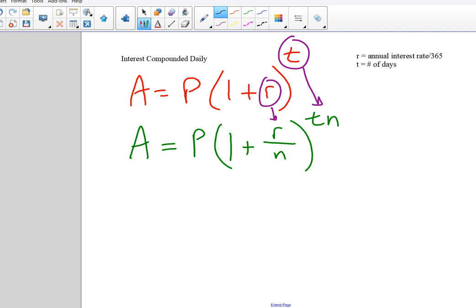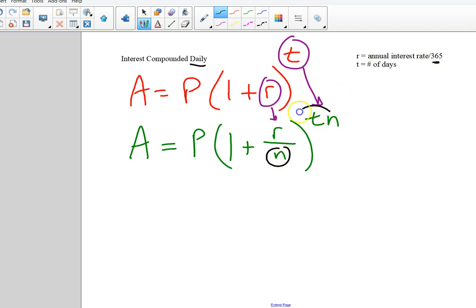If you compound something daily, it's the same formula, A equals P(1 + R)^T, but we've got this other part of it, and the rate itself would be, if you compound it daily, the number of days in a year, since the rate was an annual or yearly rate. The daily rate would be whatever the yearly rate is divided by 365, is typically how they do that.